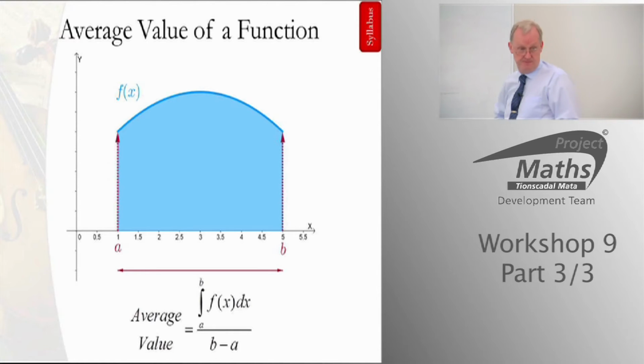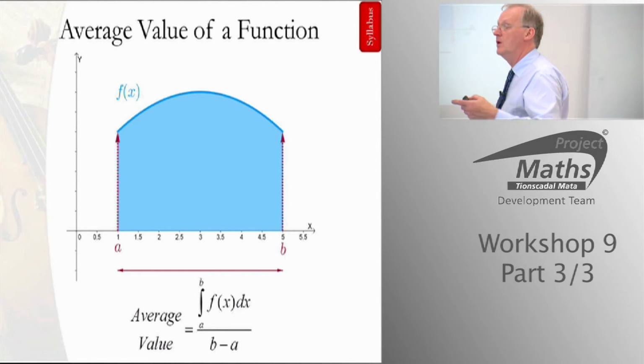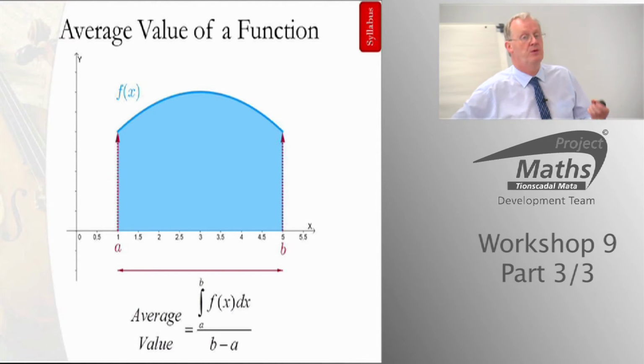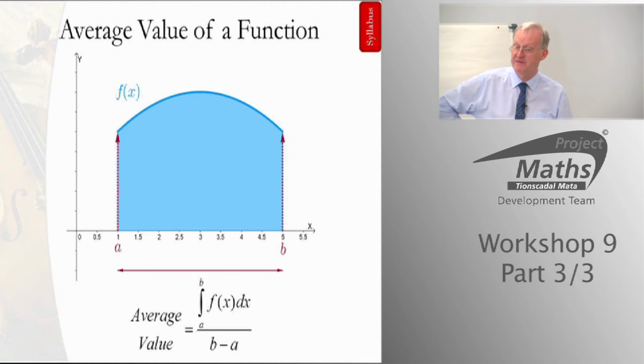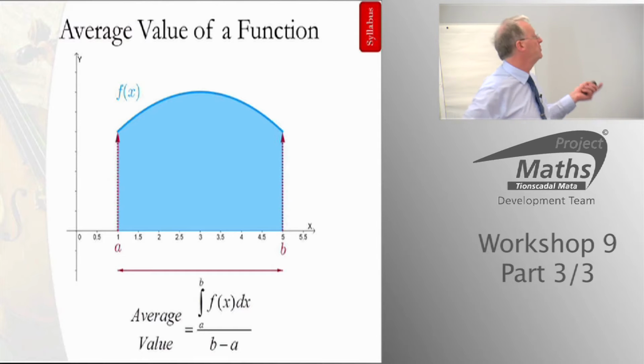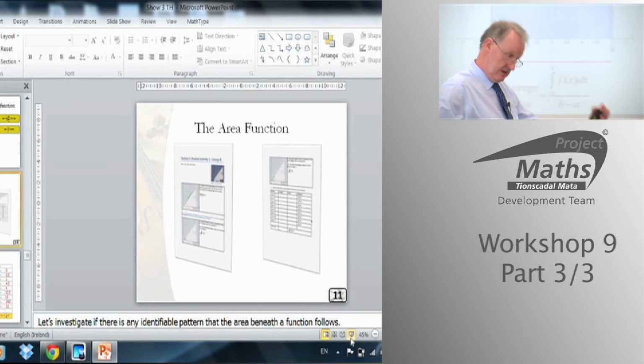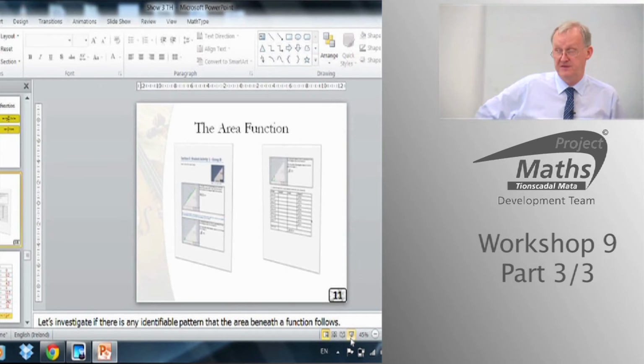It's area over width. The integral of the function between a and b, dx, over b minus a. Now that's the formula that we all have for average value. But now you can see why that formula actually works and why it does give the precise, perfect answer.